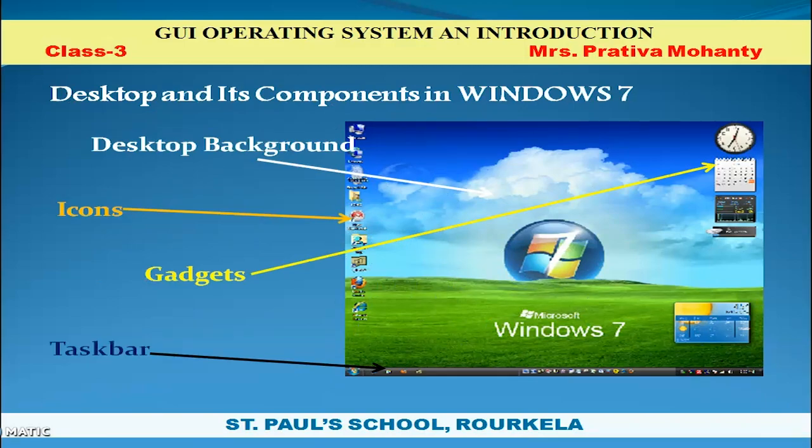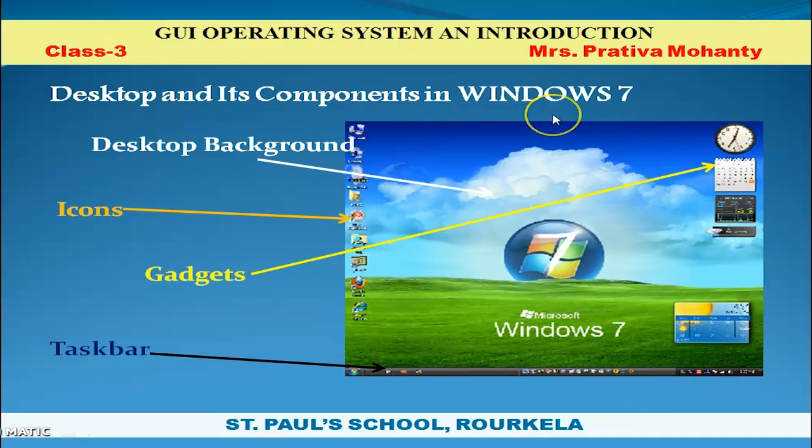Now come to the real part, the practical part of Windows 7. Why is the name given Windows? Because the screen looks like a window. At your home, how does your window look? It looks like a rectangle. Like that here also, this window looks like a rectangle.